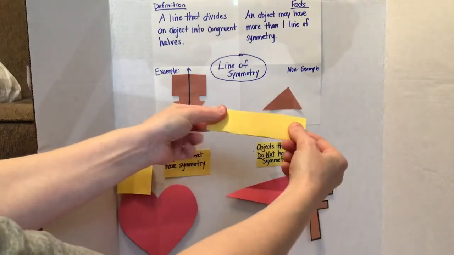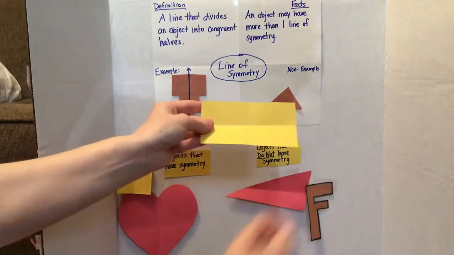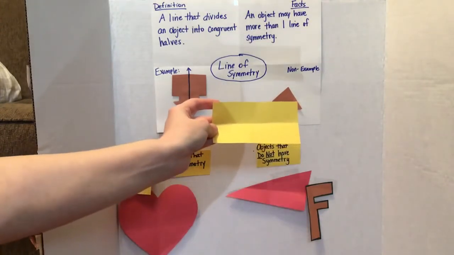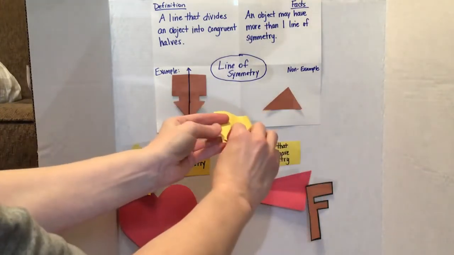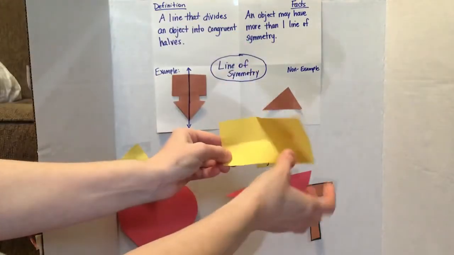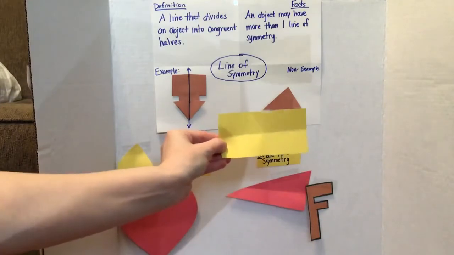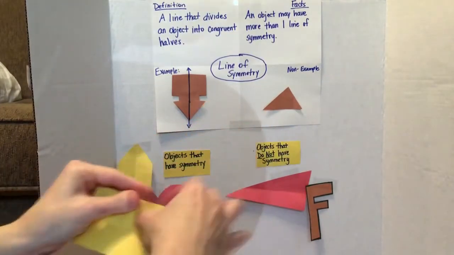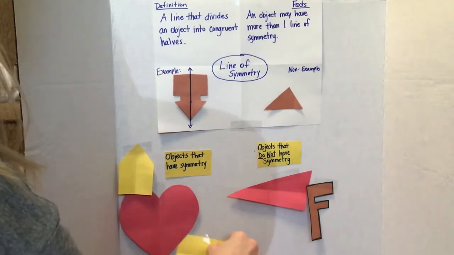Oh, look what happens there. It matches up. So far we have a vertical line and a horizontal line of symmetry. Let's try diagonally. Does that work? Nope. So how many lines of symmetry does this rectangle have? You got it. It's got 2. So we're going to say it has lines of symmetry.